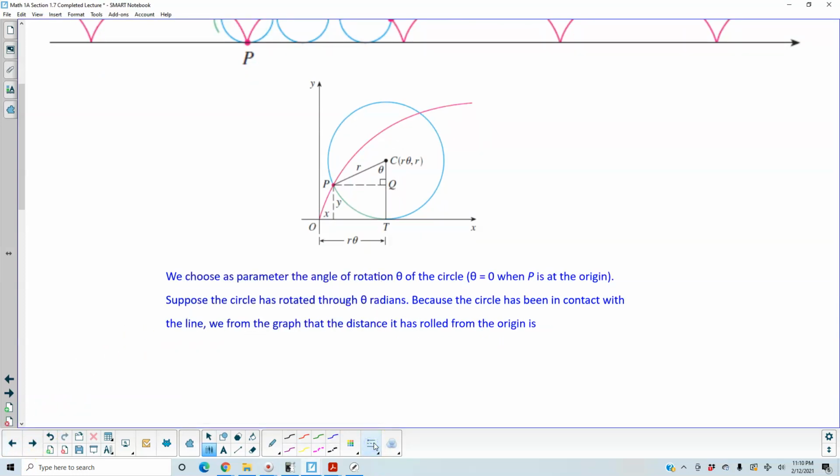So from the graph, we can see that the magnitude of OT is also equal to the arc PT, which also equals r theta.